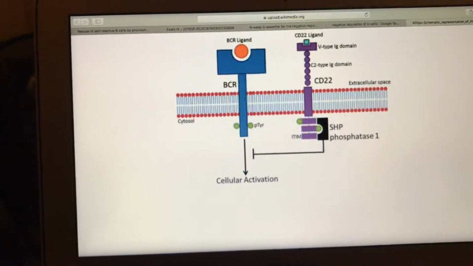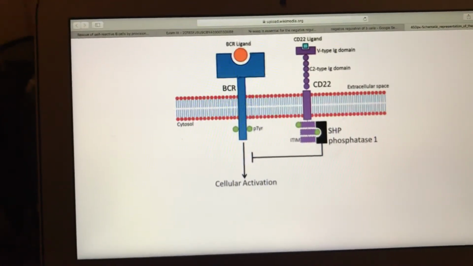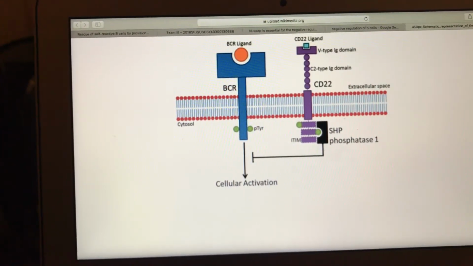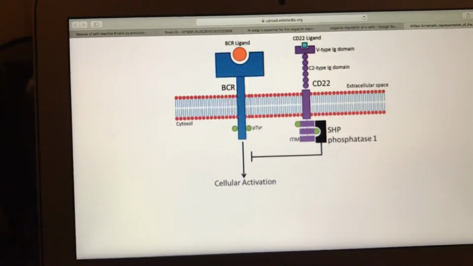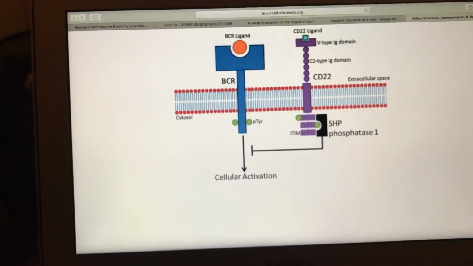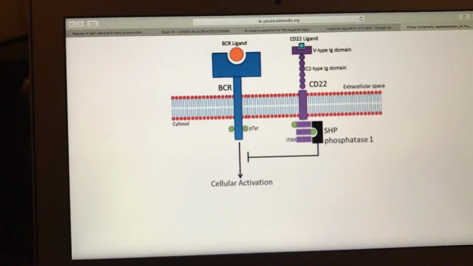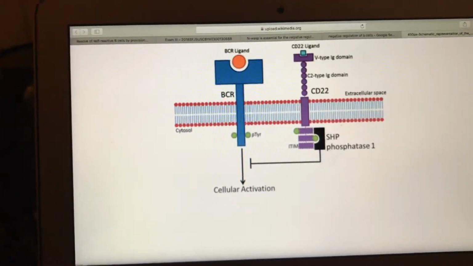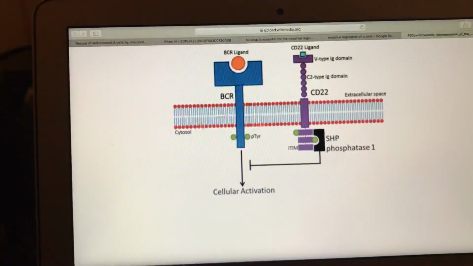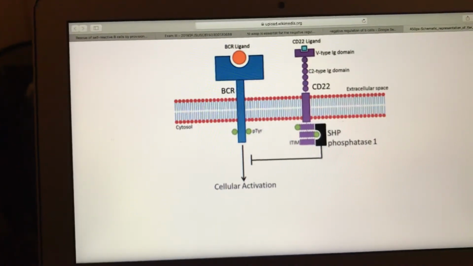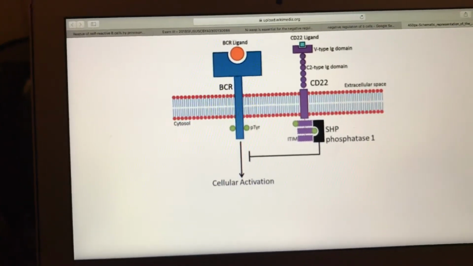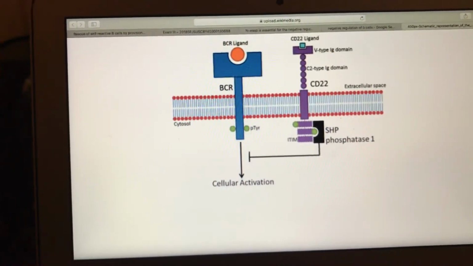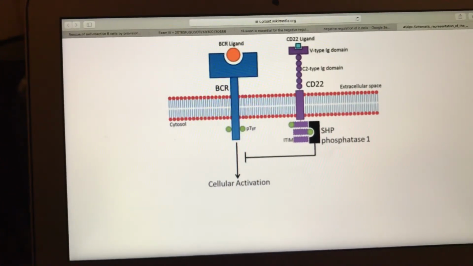So they demonstrated that neural Wiskott-Aldrich syndrome protein, I'm not sure if I'm pronouncing it right, is co-expressed with WASP, the Wiskott-Aldrich syndrome protein, in all of the immune system, and it's also very essential to B cell signaling regulators.